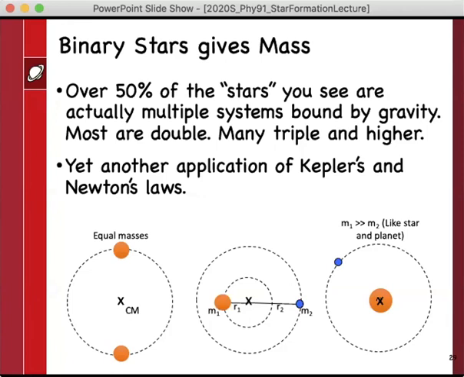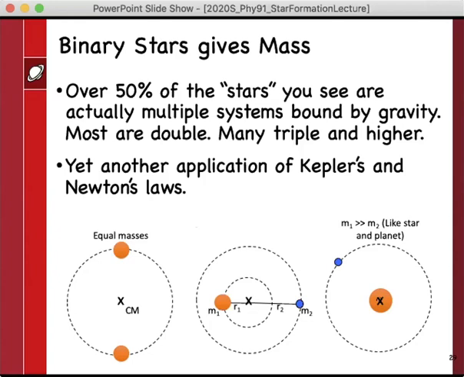Or that point of light you're seeing is actually gravitationally bound to some other point of light very nearby. Binary stars are very, very, not ubiquitous, but very, very popular ways that stars like to hang out with one another. Unfortunately, it does not seem like the sun has a binary companion. The sun seems to be a single star. We don't have a buddy.